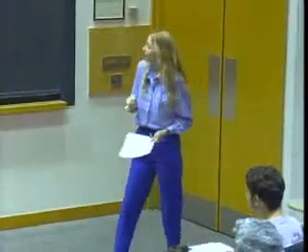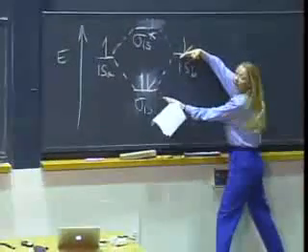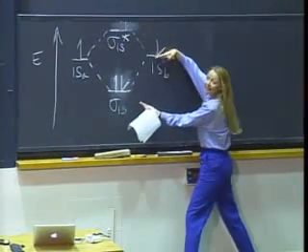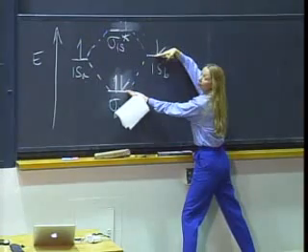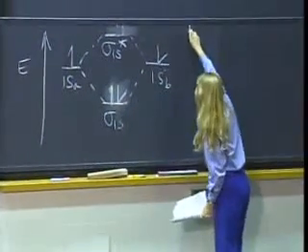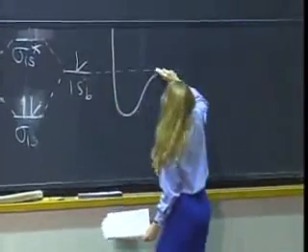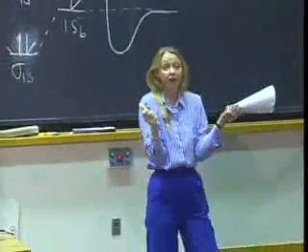I also just want to point out what the significance physically is of the separation in energy between the hydrogen atom states and the molecular hydrogen state. Remember, we drew an energy of interaction for molecular hydrogen.